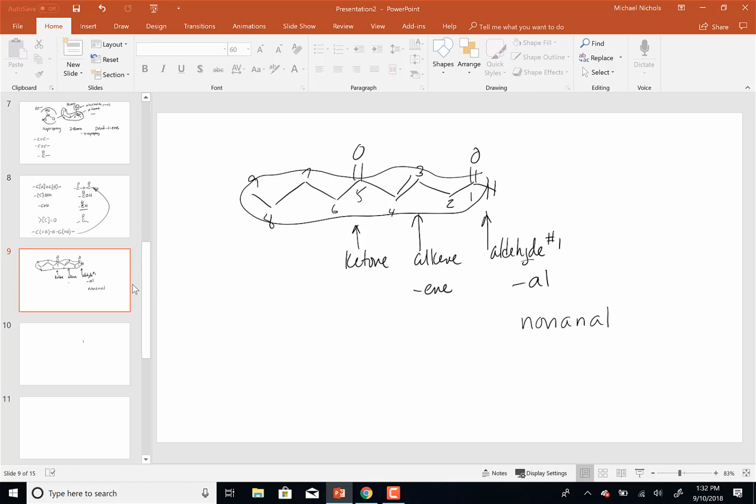So this is going to be an ENE, but we haven't done ketone before. So the ketone is this one. That's the ketone. So the ketone says that it should be ONE when it has the priority, and when it doesn't, it becomes an oxo group as a substituent.